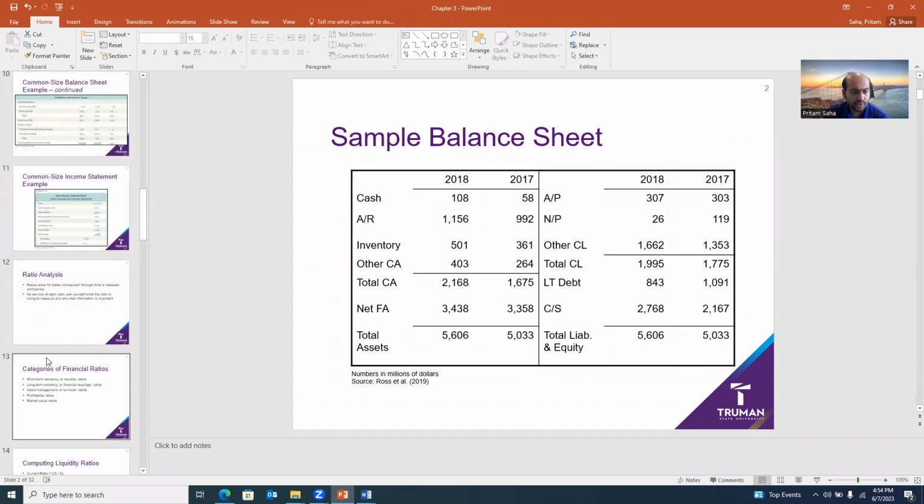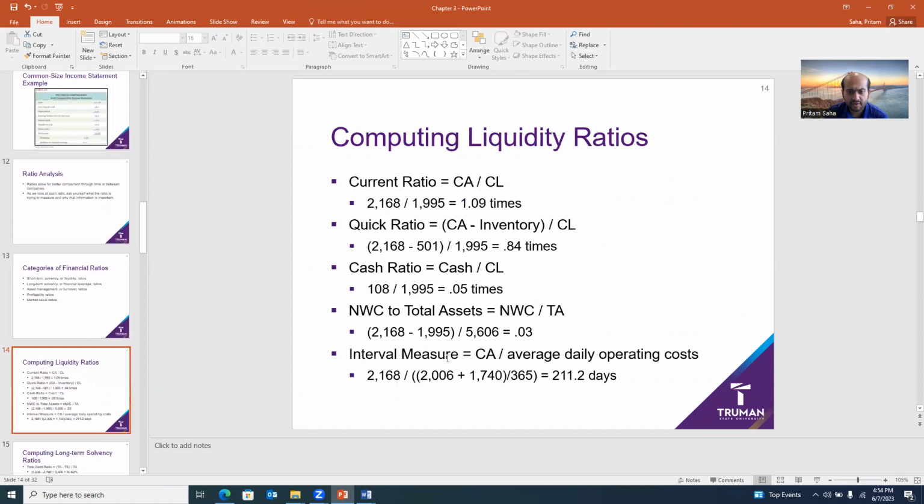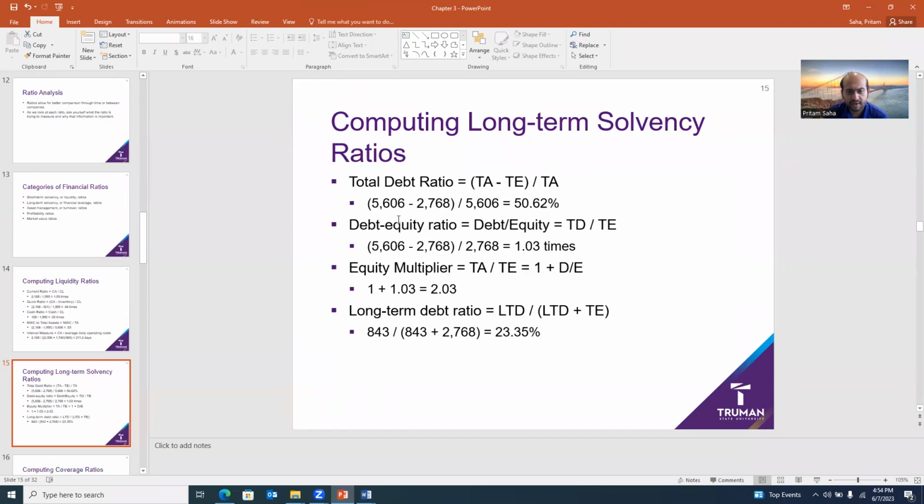So you go here: 5606 minus 2768, divided by 5606. Just know how to plug in, understand these terms, and interpret. This is telling you that 50.62% of your total assets is financed by total debt. Make sense? The lower the debt, the better for you.